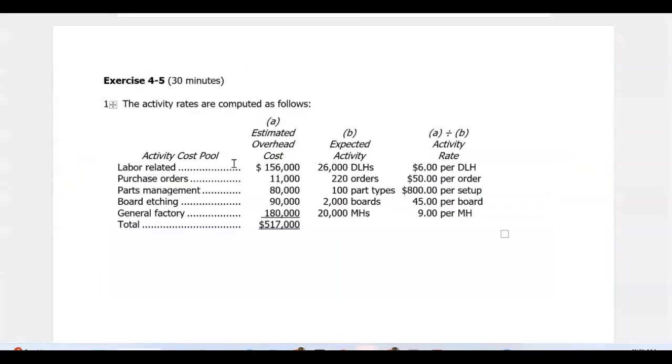So here we go. The activity rate for labor-related: overhead cost is 156,000 over 26,000 direct labor hours. That gives us $6 per direct labor hour. For purchase orders, $50 per order.